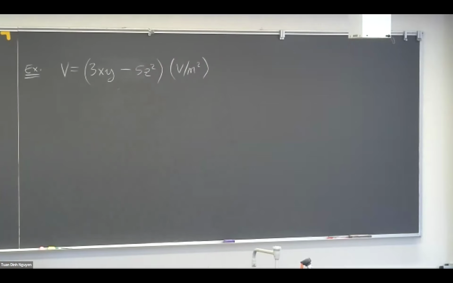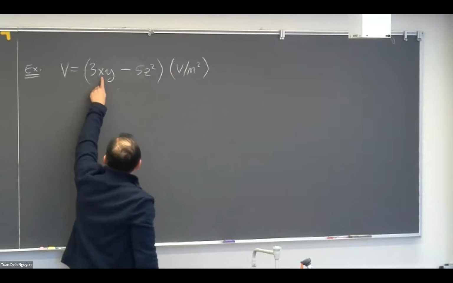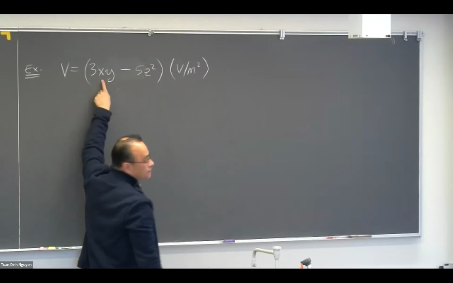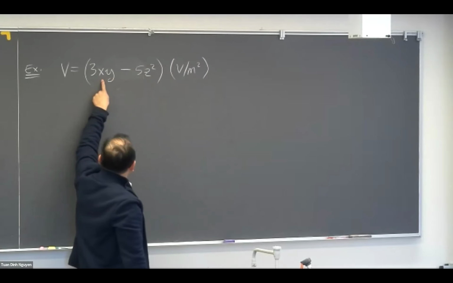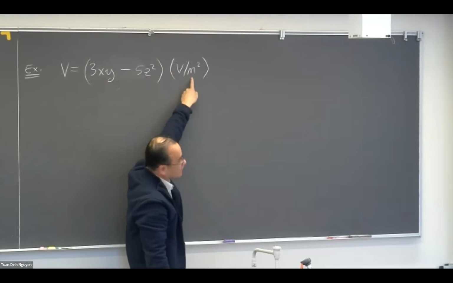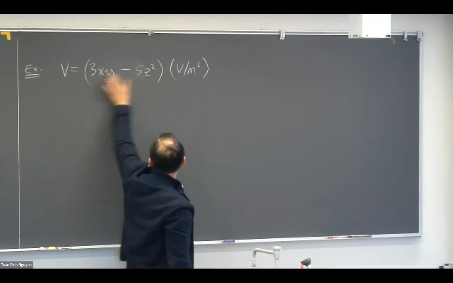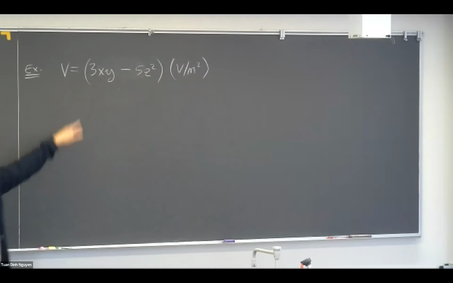Why is it volts over meters squared? Well, because these x's and y's have units of meters, so you need to cancel that to get volts out of this.